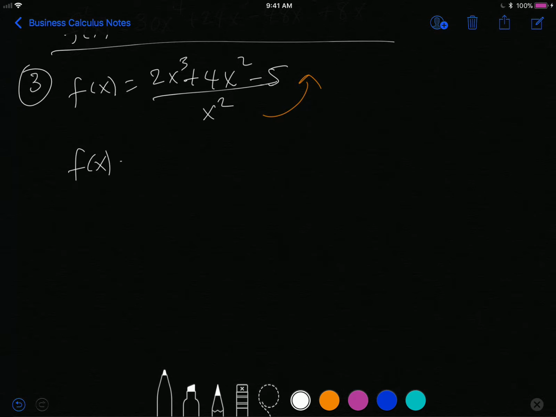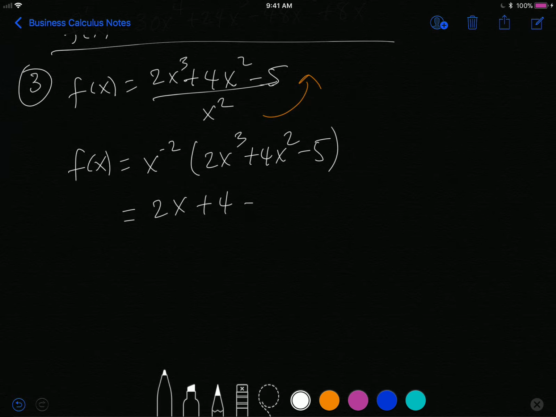So that would be f of x equals x to the negative 2 times 2x cubed plus 4x squared minus 5. I distribute the x to the negative 2. And so that's 2x plus 4 minus 5x to the negative 2. Again, we're adding powers when we're distributing the x to the negative 2.